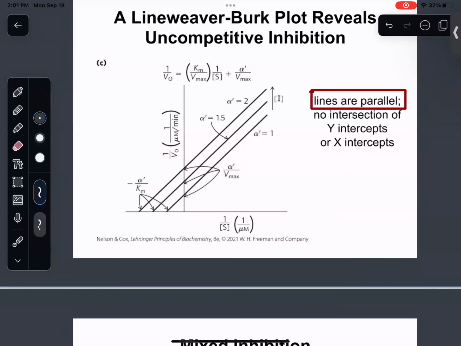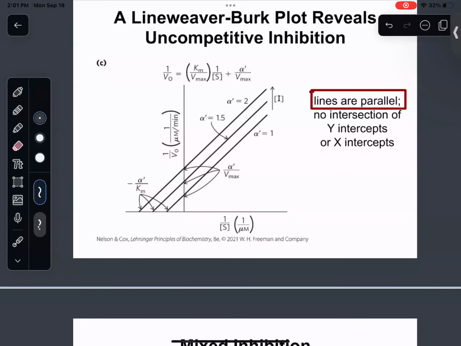What did we say the intersection at the y-axis means? If they're all intersecting at the same point on the y-axis, they have the same Vmax, because the y-intercept is 1 over Vmax.